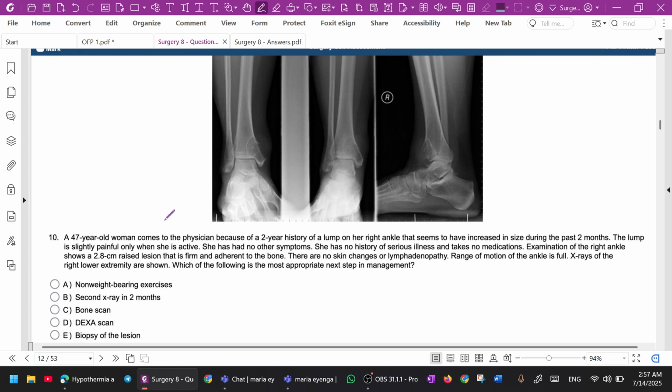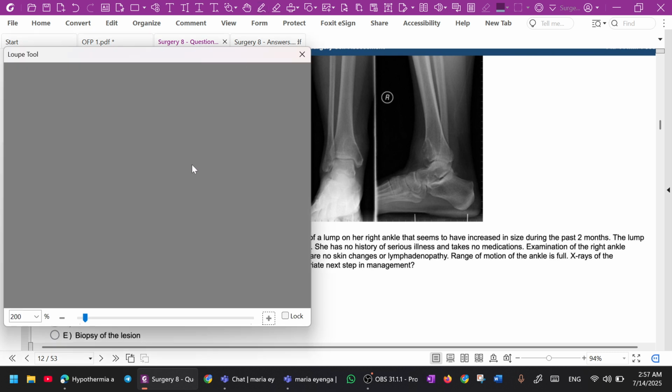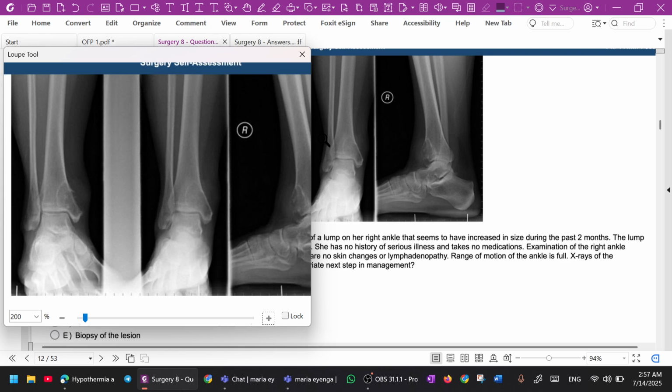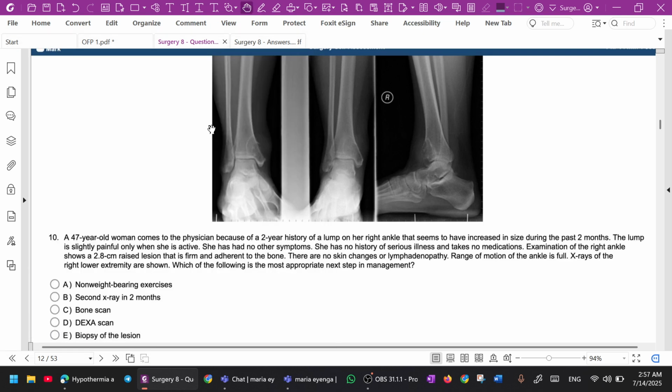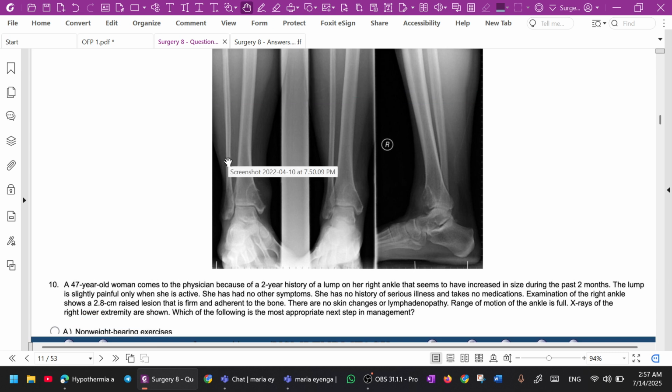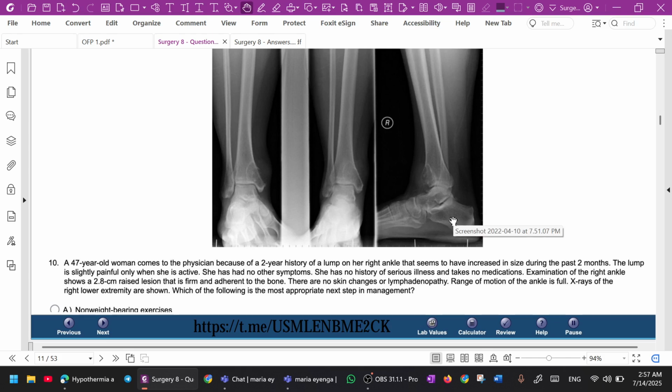Where is the fracture? Fracture in the tibia, isn't it? Next question, yes. Wait, is it a fracture question? I didn't even read it. Yes, question 10. How do you know it's a fracture question?